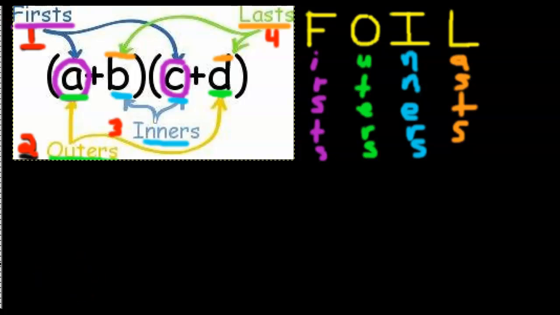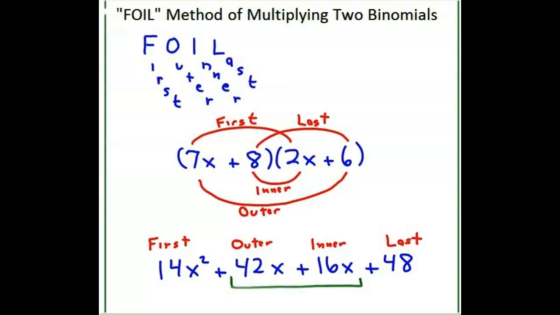So our firsts is here. That's an O, outers, then our 2 inners, then our 2 lasts. So FOIL method, the FOIL method of multiplying 2 binomials.